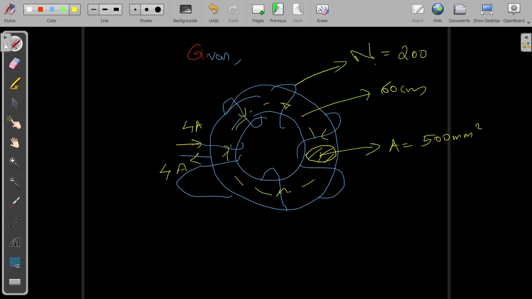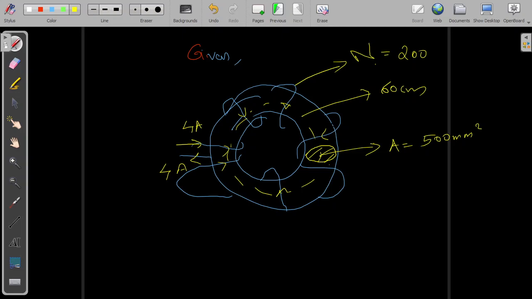So this is a magnetic circuit, like a toroid, but the core medium is wood.